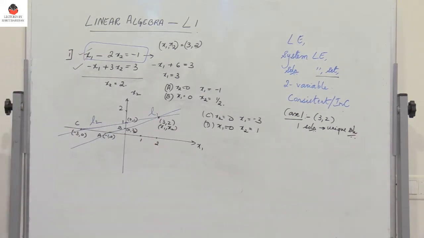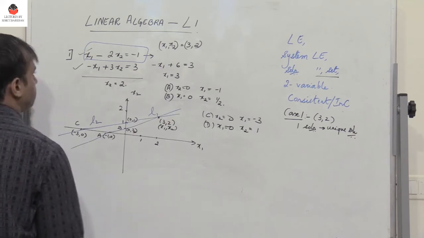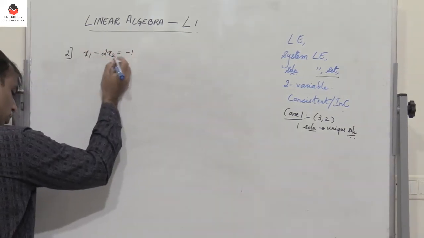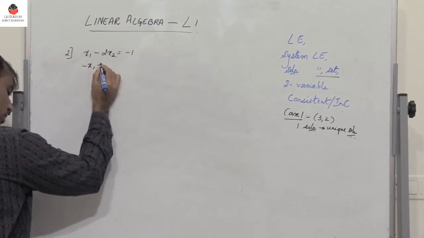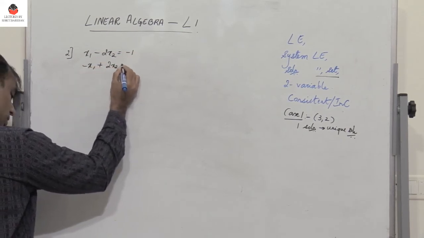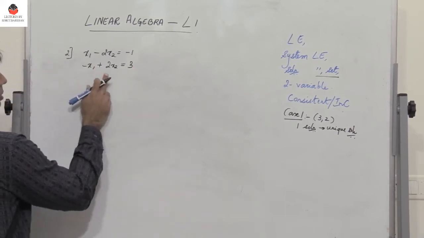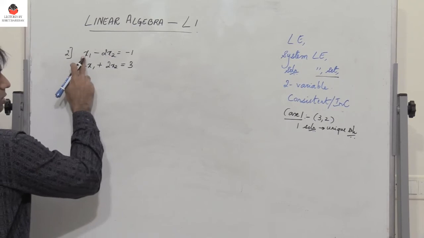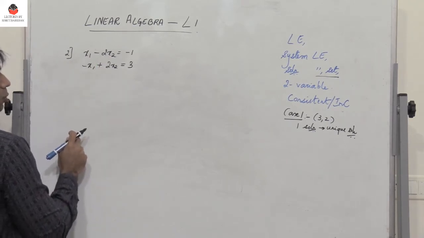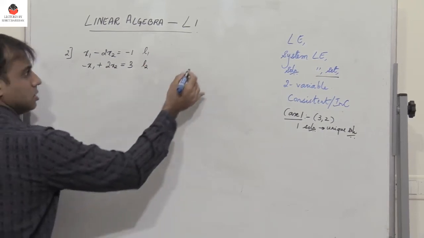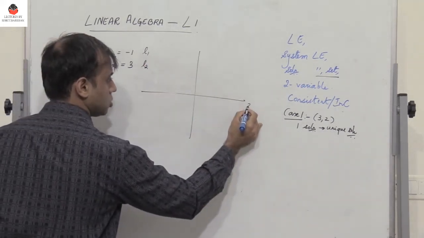Now let's consider the next case: x1 minus 2x2 equals minus 1, and minus x1 plus 2x2 equals 3. Now let me find the points through which the lines L1 and L2 would pass. So I have x1 and x2.